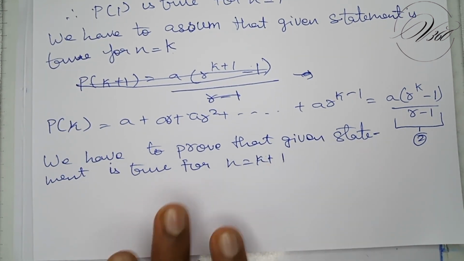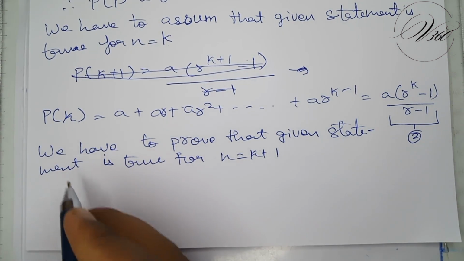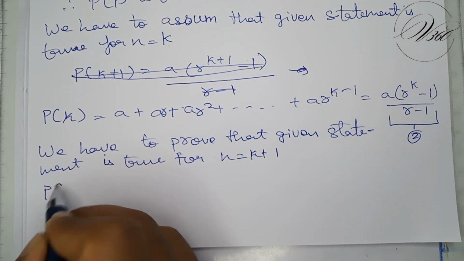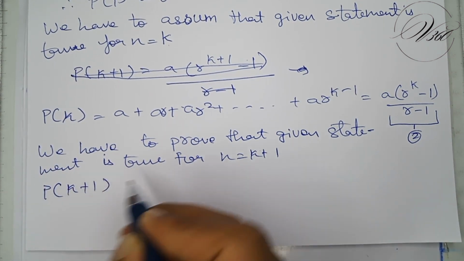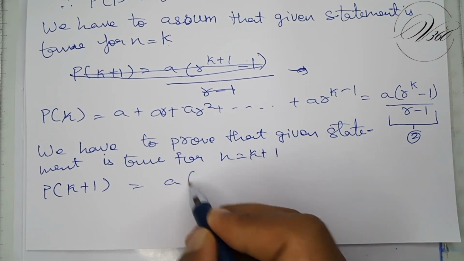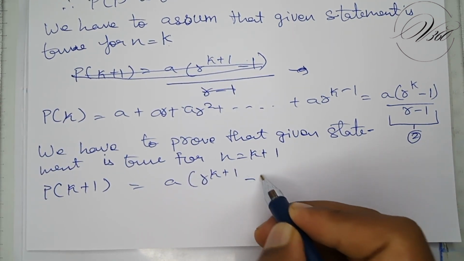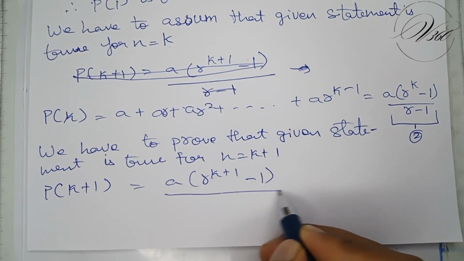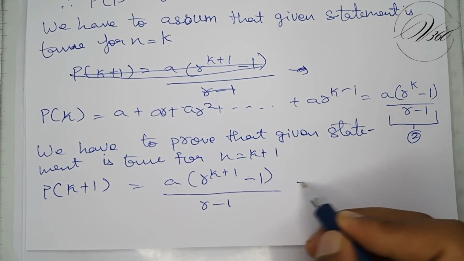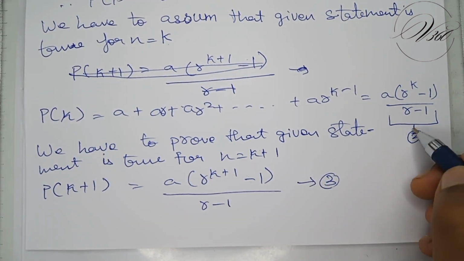Now here we will get P of k plus 1, which is a of r to the power k plus 1 minus 1 by r minus 1. This is the third equation which we get.